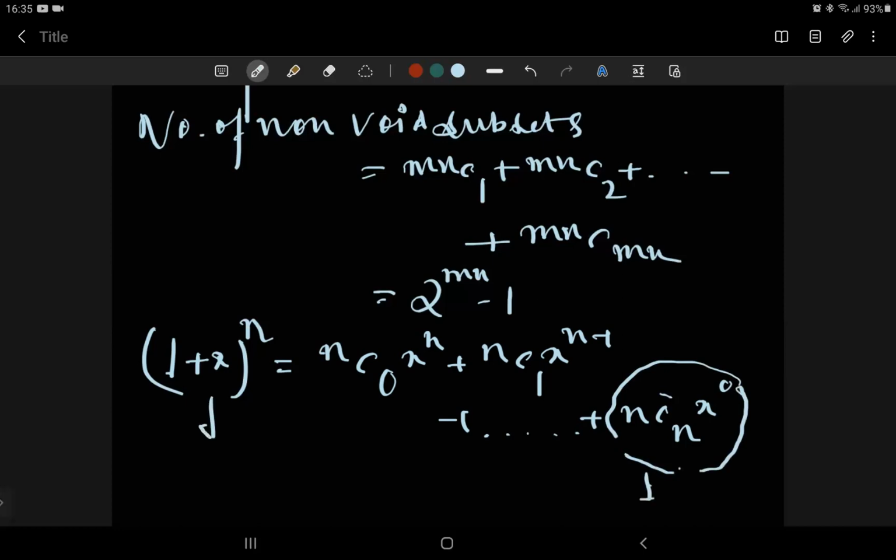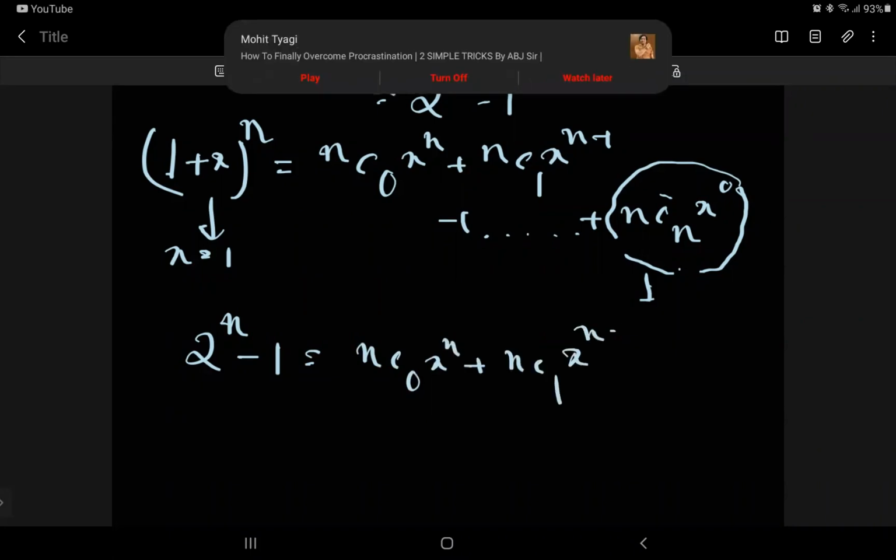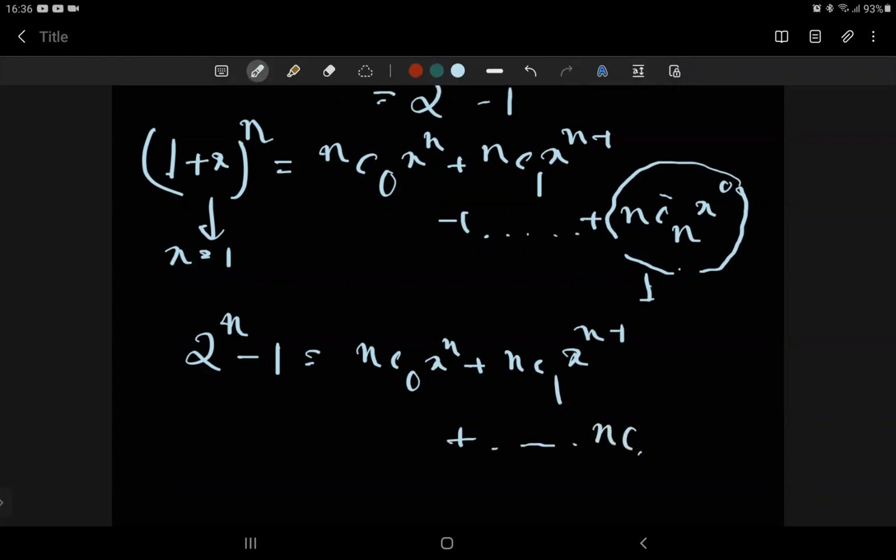And if we substitute x equal to 1 over here, then this becomes 2 to the power n. So obviously, if this becomes 2 to the power n, and if we bring this 1 to this side, then that becomes 2 to the power n minus 1 is equal to nc1 plus nc2 plus dot dot dot ncn. Is it clear?